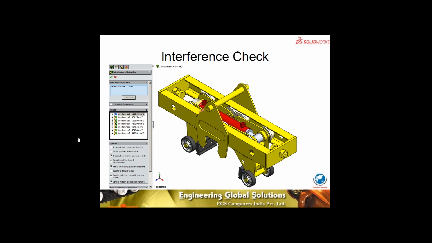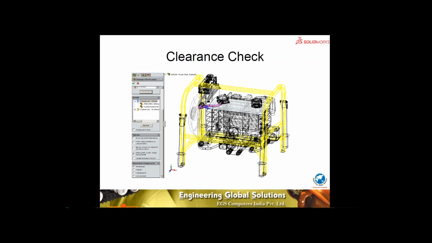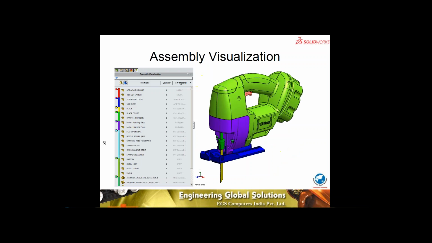As you can see over there, even coincident mates can be treated as interference and it can be asked to show as highlighted, or the clearance checking that comes in as a part of the process, as shown over here, or the assembly visualization as given by the different raw materials that are used for the process. This helps even manufacturing and purchase to streamline their processes based on materials, and the material flow gets streamlined inside the organization in terms of the process layout on the manufacturing shop floor.